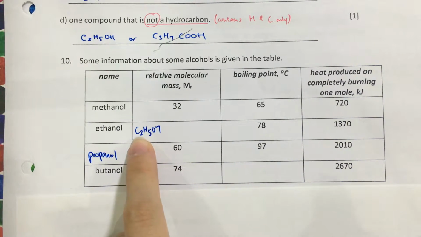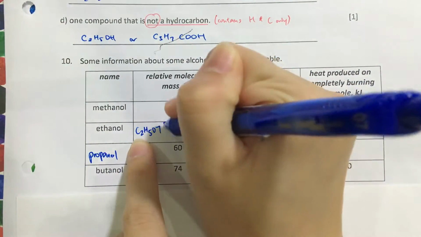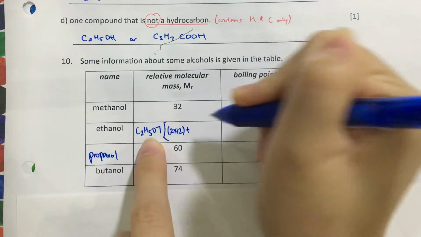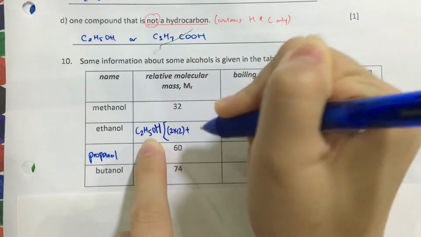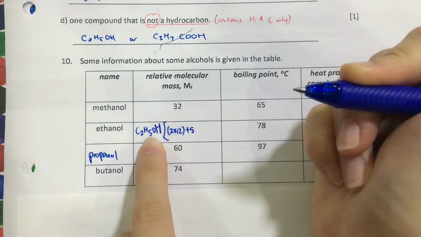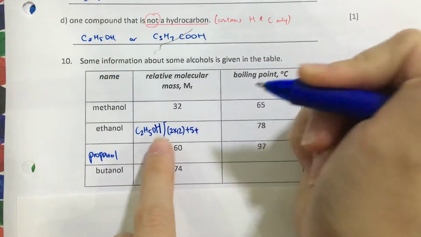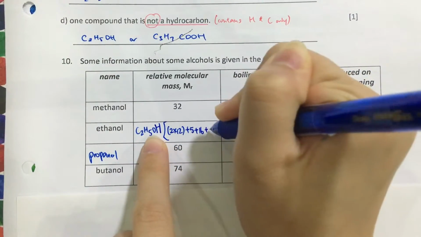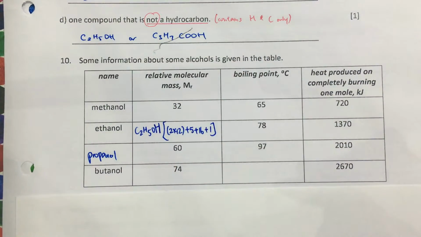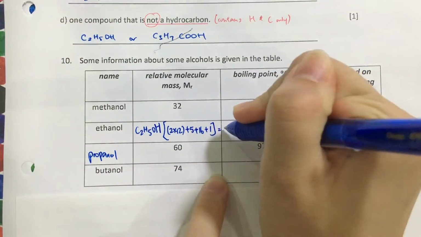There are 2 carbons, so it will be 2 times 12, plus 5 for the hydrogens. Hydrogen is only 1, so I'll just leave it as plus 5. Oxygen is 16, and plus 1 for hydrogen again. And this would give you the answer 46.